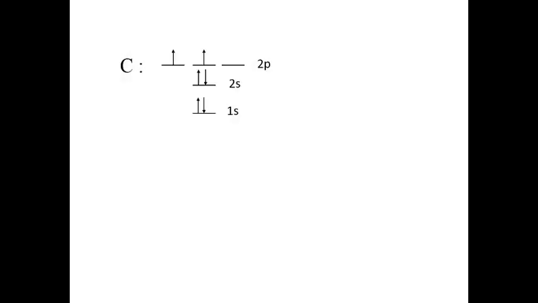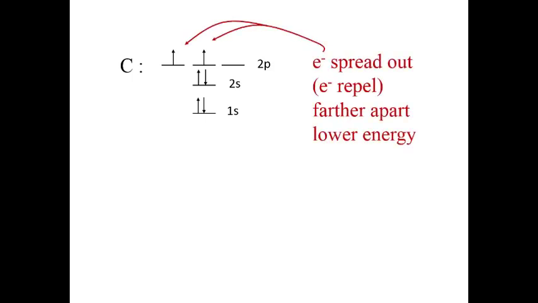Why should this be? The answer is related to something we've seen before with Hund's rule. Recall the orbital energy level diagram for carbon. Carbon is 1s2, 2s2, 2p2. The 2p electrons spread out with the same spin into different orbitals.